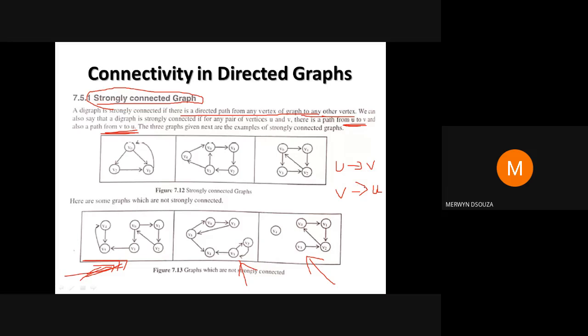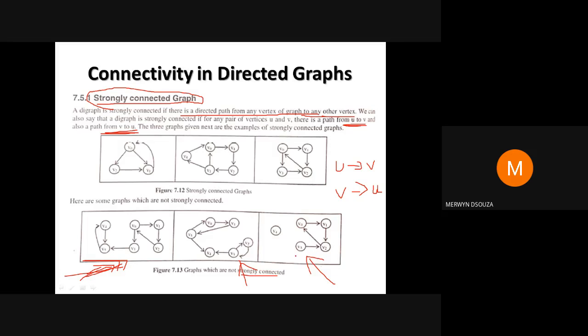Then we call it not a strongly connected graph, or vice versa. One of these conditions should fail, then we call it not strongly connected. Or both conditions may fail also, then also it is not strongly connected. One condition may fail or both conditions may fail.